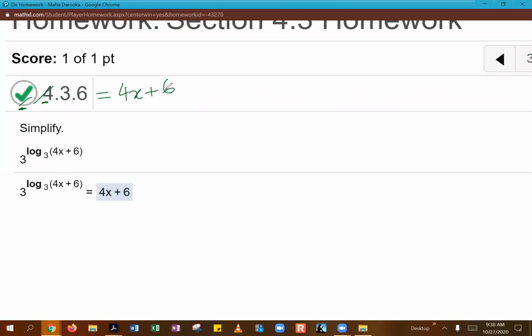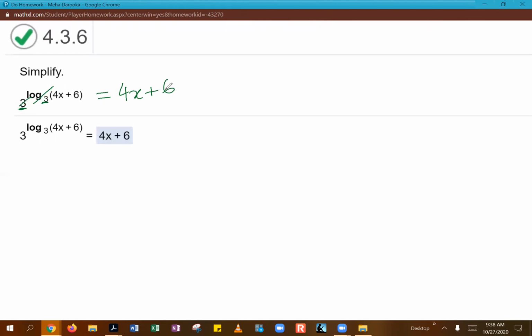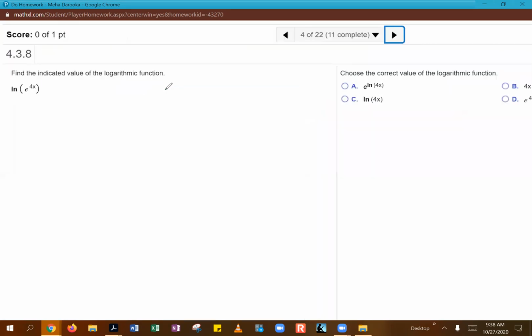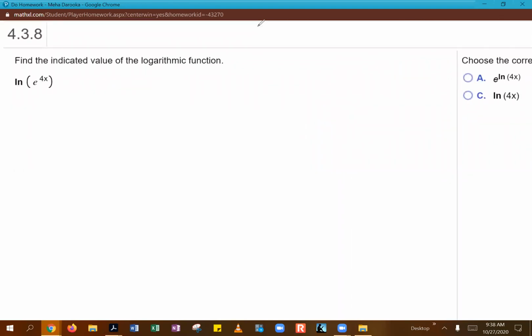So pretty straightforward, as long as you keep in mind that if your bases are the same, then x is going to be your answer. This next example over here is also based on inverse rules. Here you can see we are given natural log of e to the power of 4x. We know natural log is also a base e logarithm.